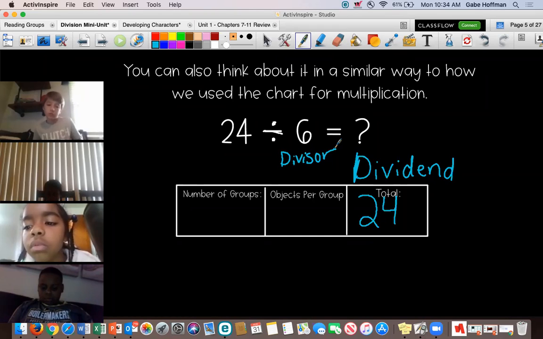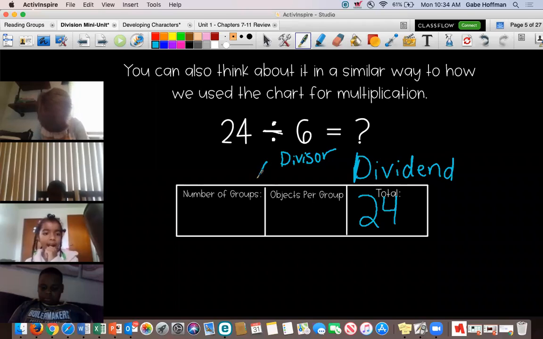So then our divisor. When it is not a word problem, so this is not a word problem, this is just an equation, the divisor can go in either one of these spots. CJ, what did I just say?